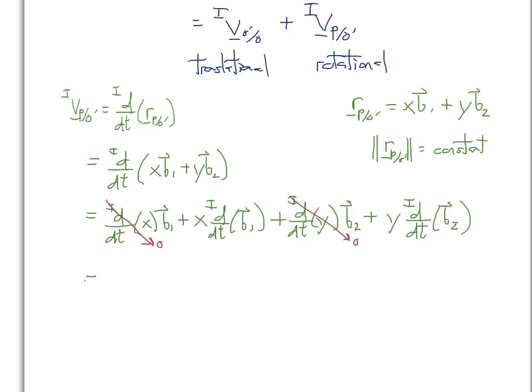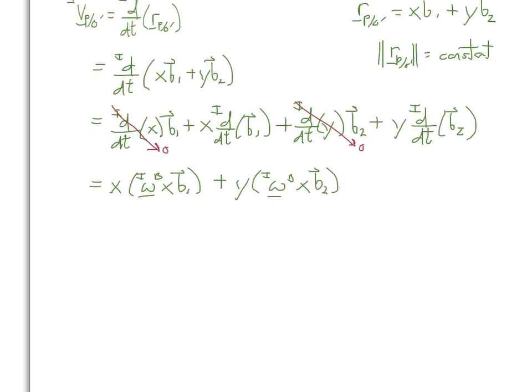Recall that the time derivative is simply the cross product of the angular velocity of that reference frame with the vector itself. So we'll pull down our x, and then we'll take the time derivative of B1 by the cross product of the angular velocity of B with respect to I crossed with B1, and then plus y, the angular velocity of B as observed in the inertial reference frame, crossed with B2.